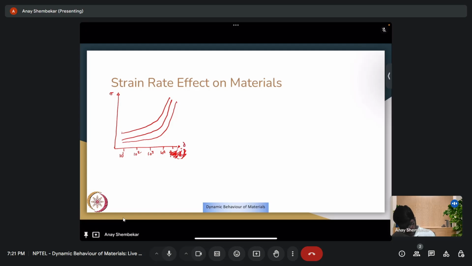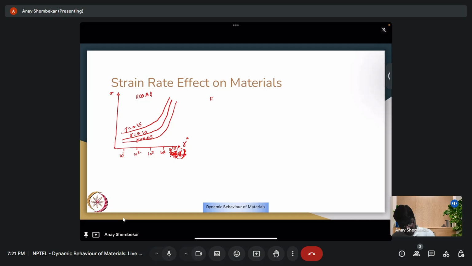This is 10 to the power 5. And this is gamma equals 0.15, gamma equals 0.10, gamma equals 0.05. This is for the case of 1100 aluminum.